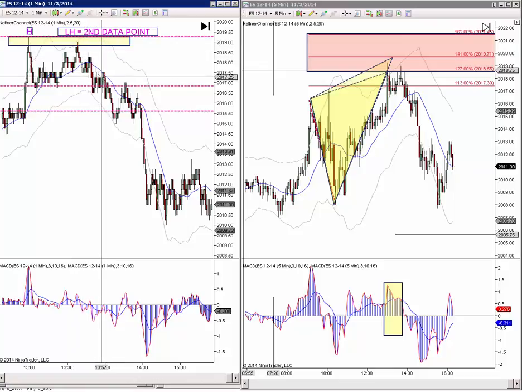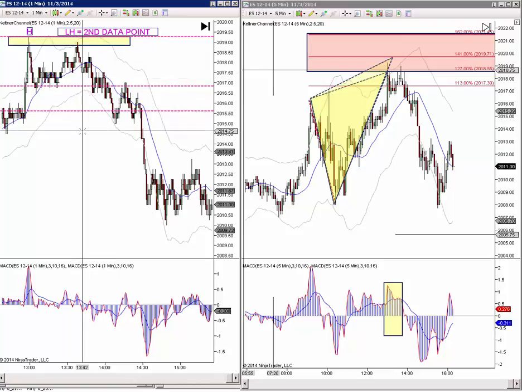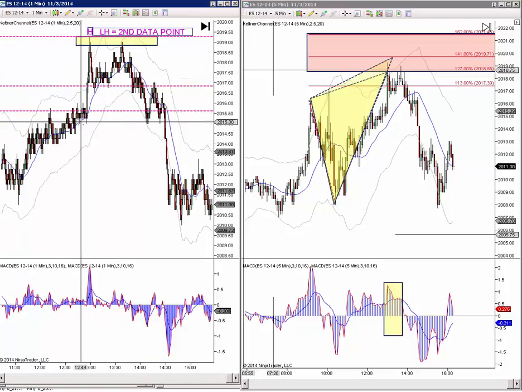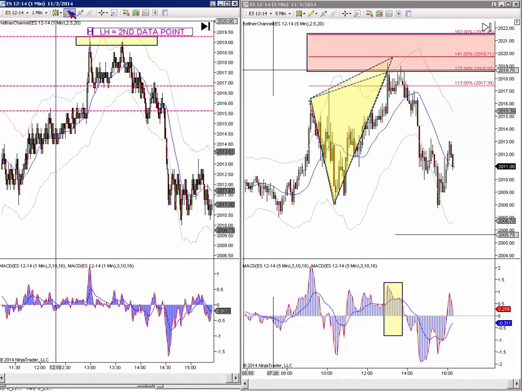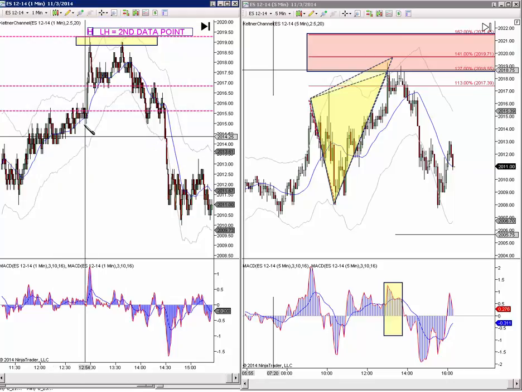So the play was take a short, and when it tests down, let me show you. When it tests down, take it right into this prior consolidation, this prior information here. We're in a consolidation type environment.